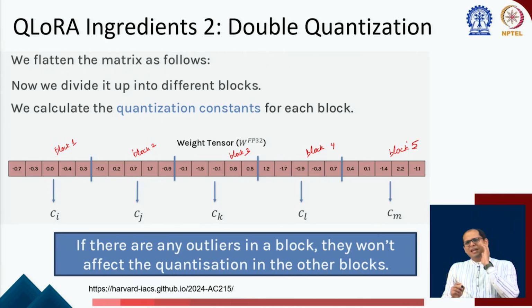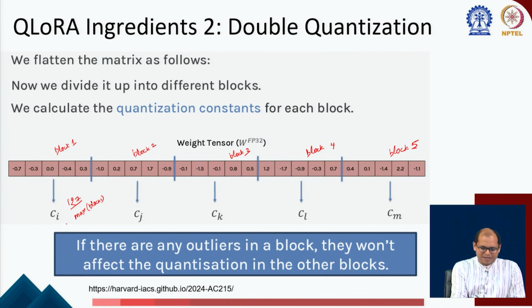Okay, and now you run the quantization independently on each of the blocks. So that means I'll find the max here, and I'll do 127 divided by the abs max of block 1. Let me write it abs max, absolute max, even if it is negative, doesn't matter. So like that, I'll do 127 divided by abs max of block 2.